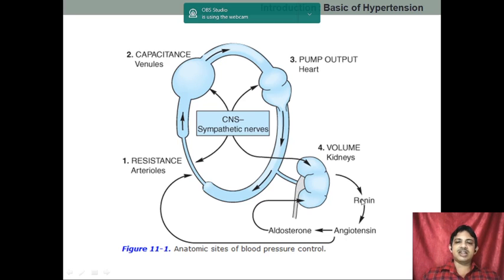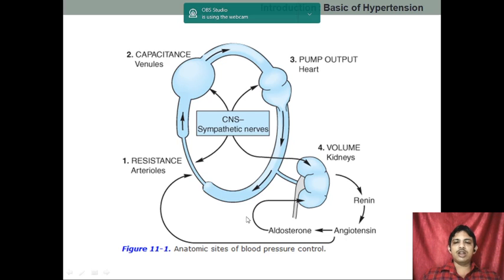The kidney secretes renin from the juxtaglomerular cells, and renin is responsible for the conversion of angiotensinogen to angiotensin 1, 2, 3. They act on the kidney for aldosterone secretion, and they may act on the blood vessels, producing resistance, and blood volume.